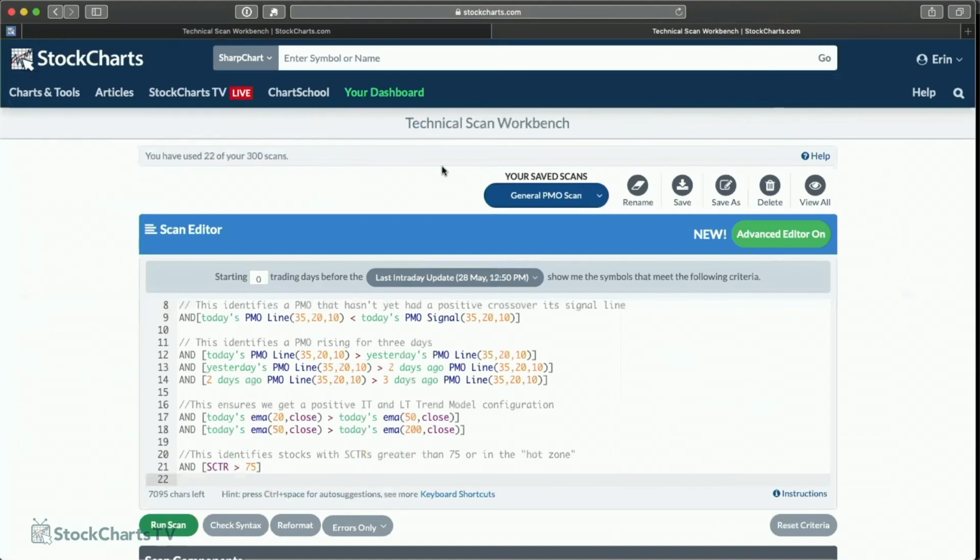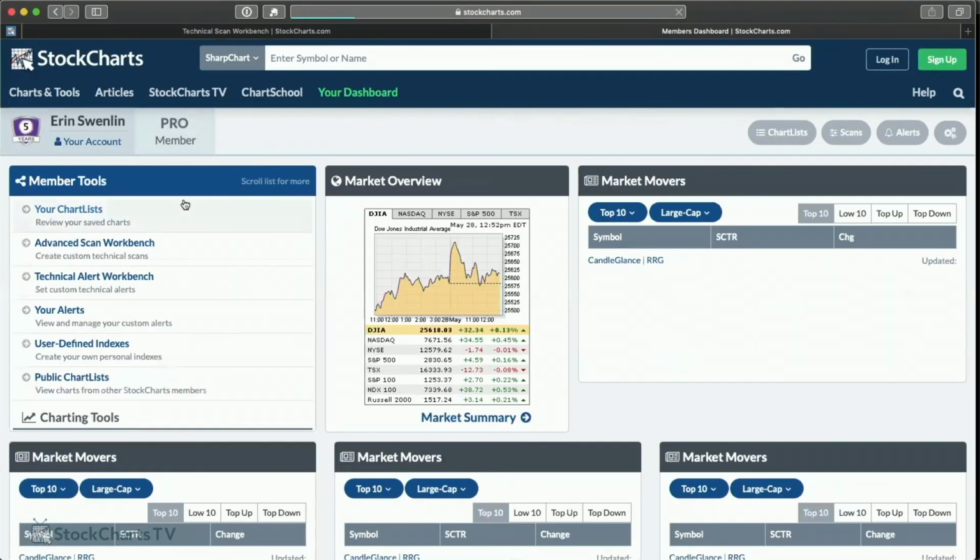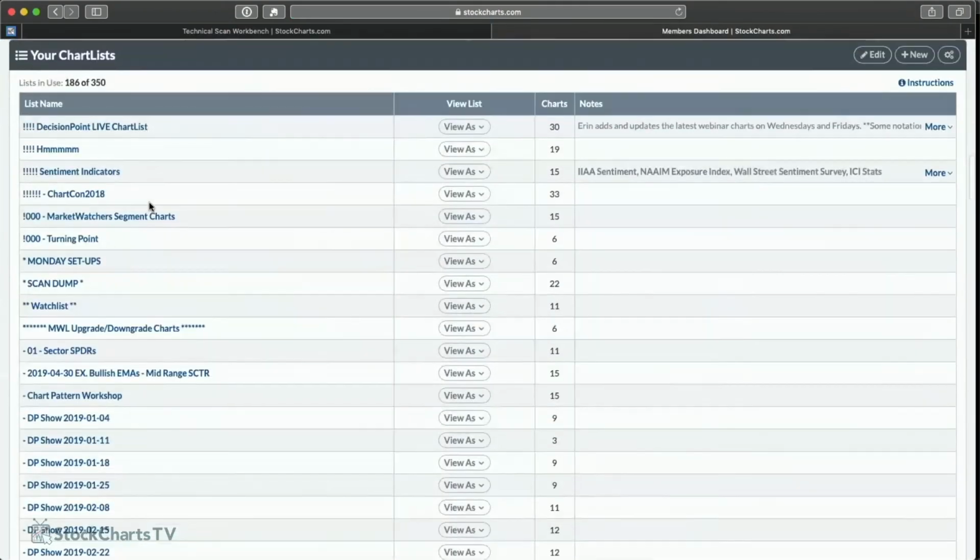Tom, do you ever use the CandleGlance? Well, I use it for the market update. That's true. Yep, every day on the show. Personally, I usually use the summary. I have a lot of my own personal stocks in a chart list, so I have so many. I normally will zero in based on whether they're up or down for the day.